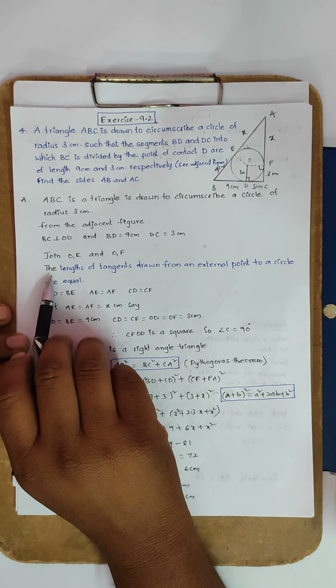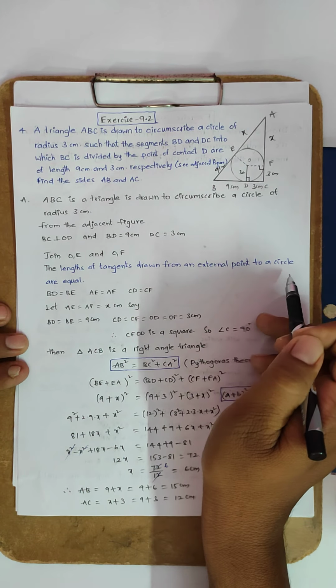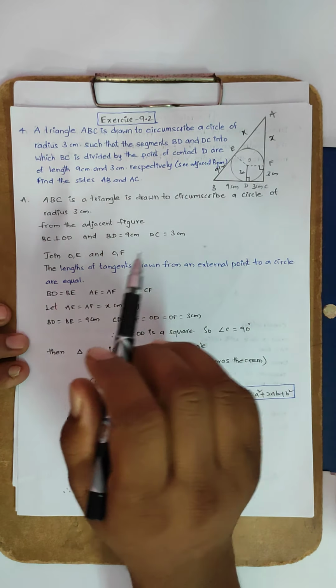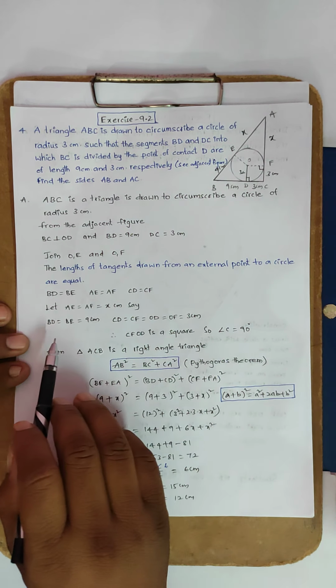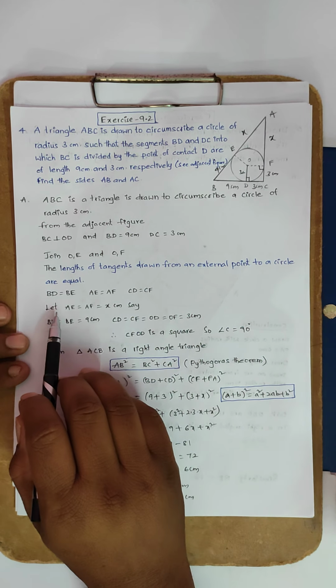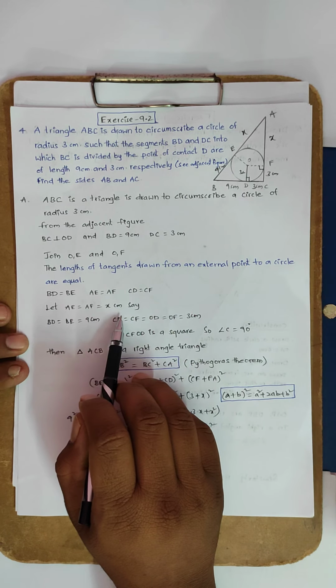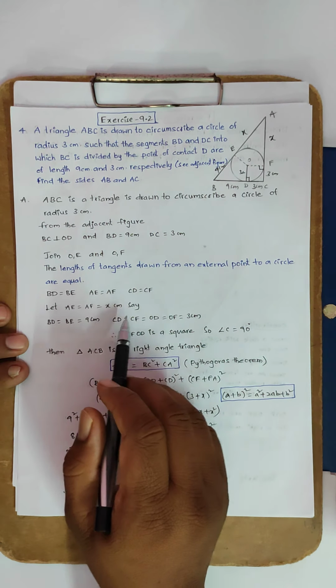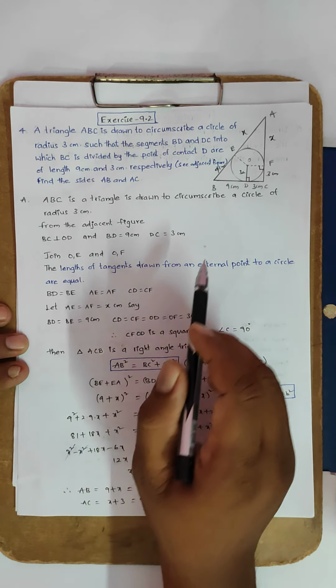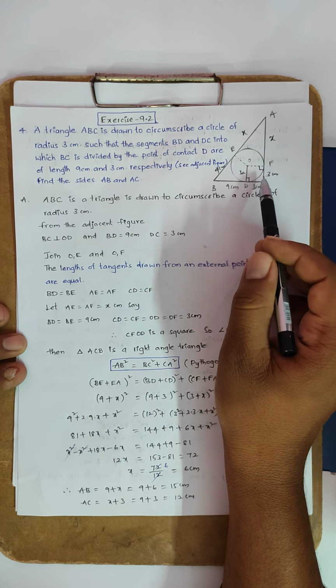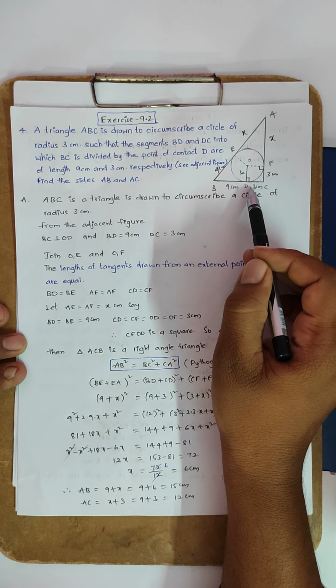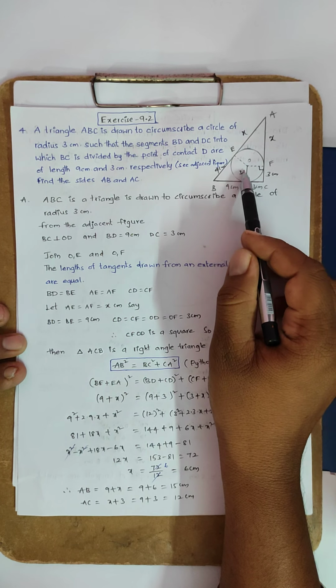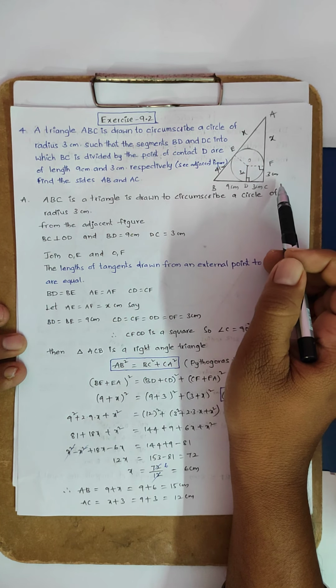The lengths of tangents drawn from an external point to a circle are equal. We understood. Now let AE equal AF equal x centimeters. We assumed. Now using this diagram, CD is 3 cm and OD, the radius, is also 3 cm.